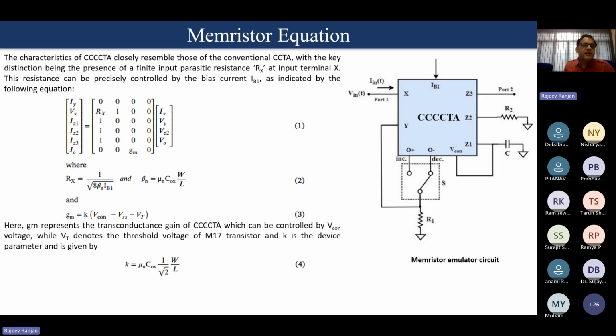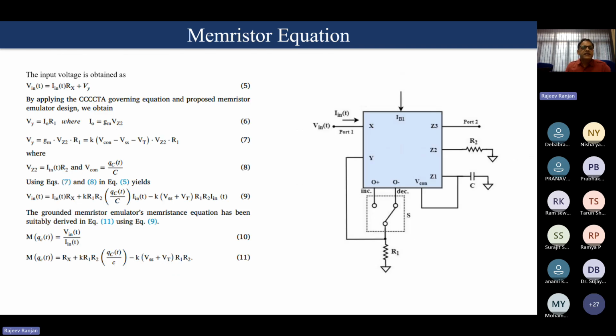Here these are the port relationships and different equations. We can see the derivation: Vin equals Iin Rx plus Vy, and this Vy is Io R, where Io equals Gm, which is a property of the 4CTA.